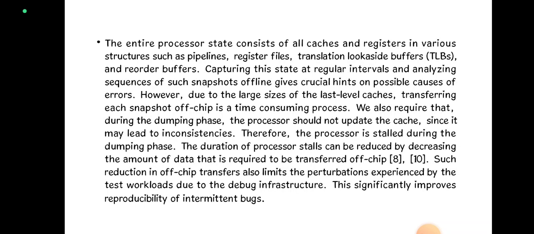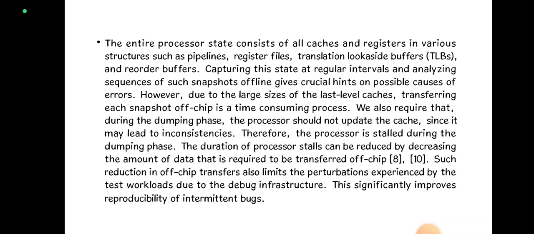However, due to the large size of the last level caches, transferring each snapshot off chip is a time consuming process. We also require that during the dump phase, the process should not update the cache since it may lead to inconsistency. Therefore, the processor is stalled during the dumping phase.